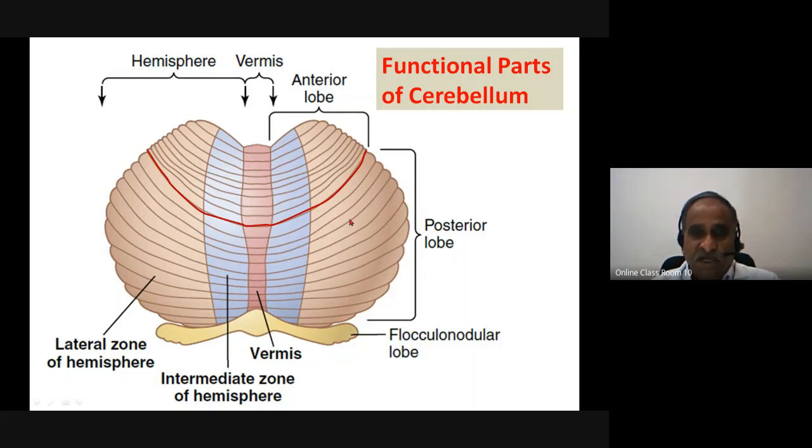The cerebrocerebellum connects with the premotor cortex and motor association areas for programming and planning of the voluntary actions. So I repeat, the cerebrocerebellum is the lateral cerebellum. The intermediate cerebellum is the spinocerebellum, and then the flocculonodular lobe. These are the functional parts of the cerebellum.